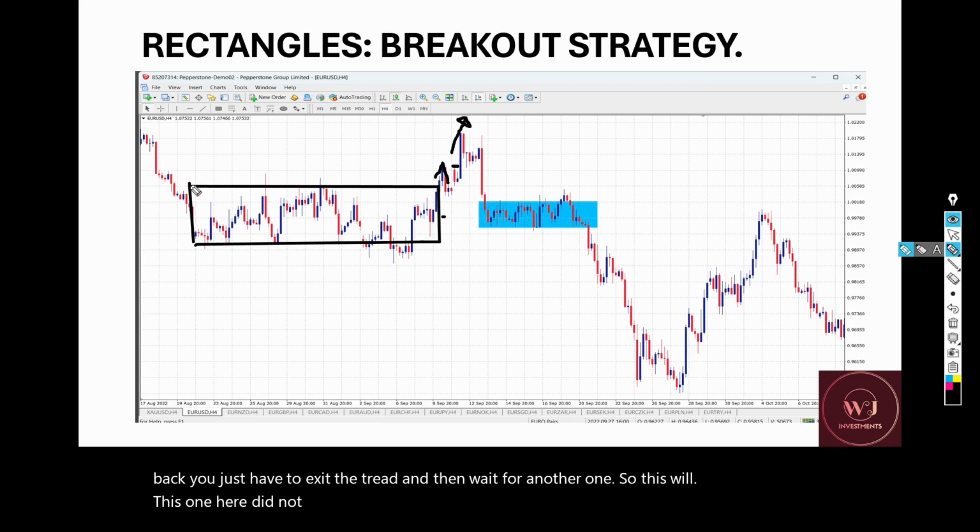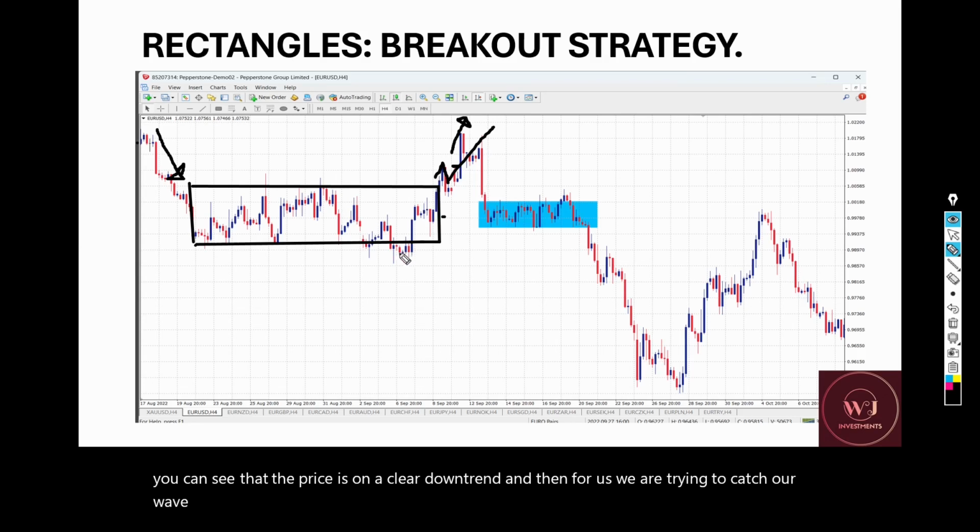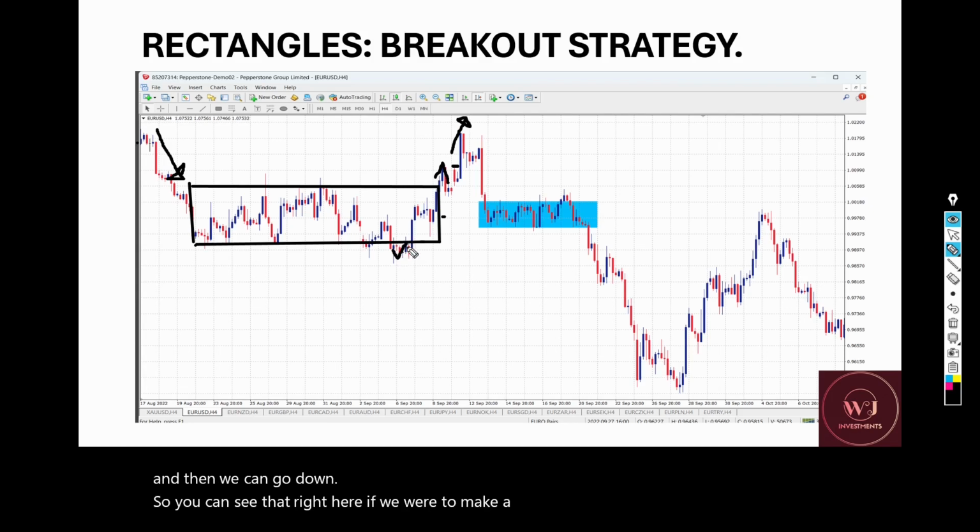And then on top of that, it was not a confirmed rectangle, because you can see that the price is on a clear downtrend, and for us we are trying to catch our wave up. Yet what we are expecting is the price to break out and then test that level, and then we can go down. So if we were to make a trade, we would have waited for the breakout, then the test.